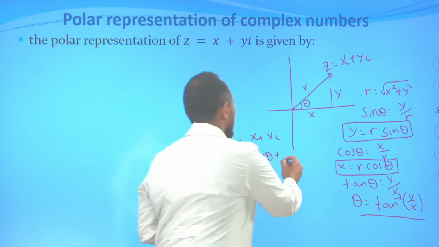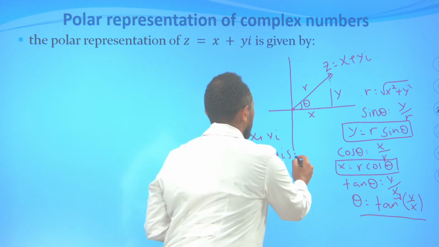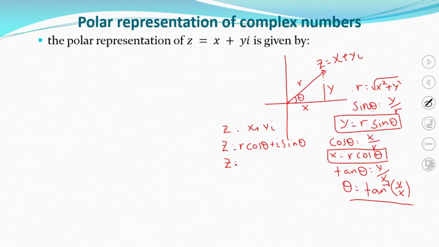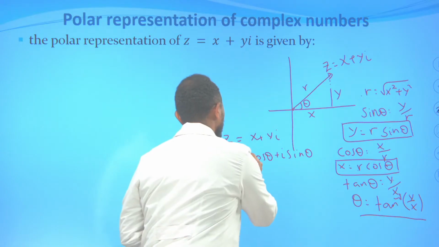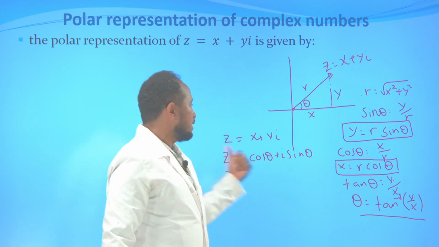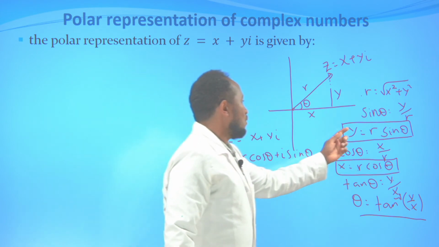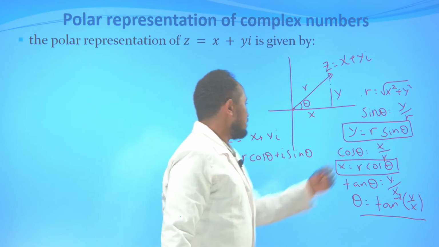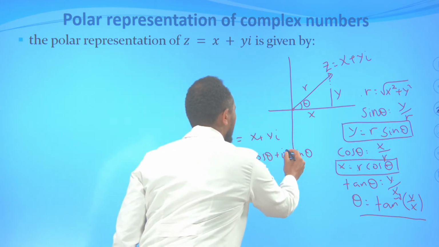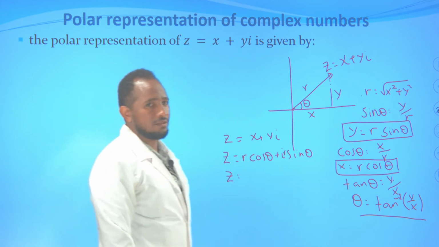So z is equal to r cosine of theta plus i times r sine theta.